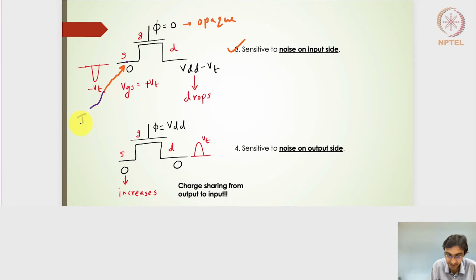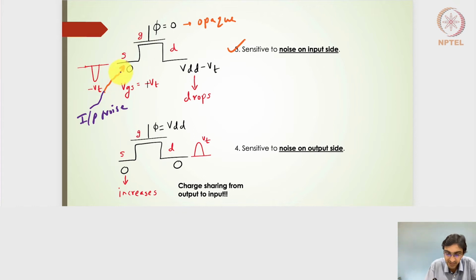So let me say this is an input noise, at the level of minus Vt. Let's say I have a mixed signal circuit very close to the digital circuit, where the digital circuit has this latch design, and we have used the NMOS transistor for designing the latch.